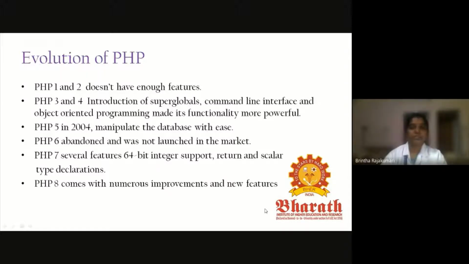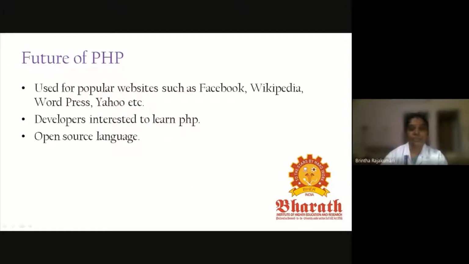Features of PHP. Many popular websites such as Facebook, Wikipedia, WordPress, and Yahoo use this language as their publishing tool. As these websites are among the most used in the world, the scope of the PHP programming language is greater than that of many other programming languages. Software developers are interested in learning PHP and want to make their career as PHP developers.